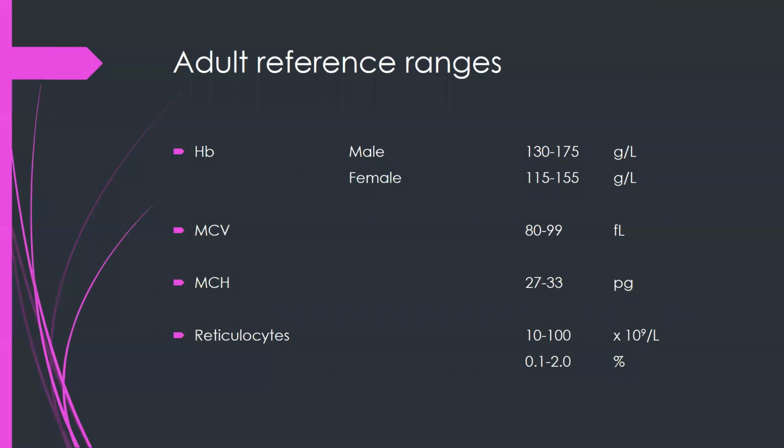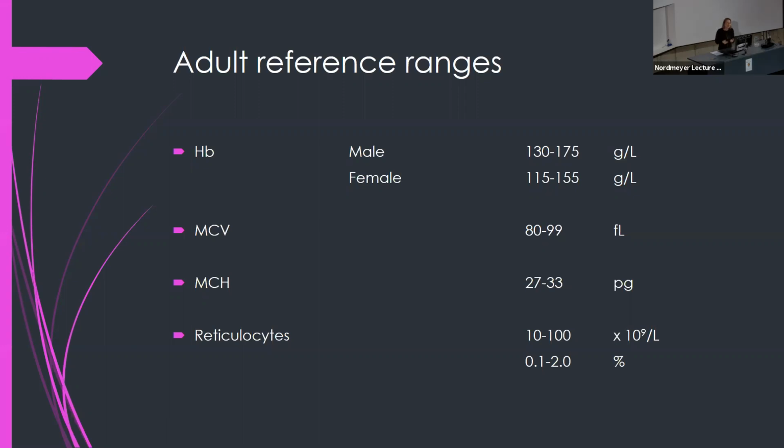Reticulocytes, everyone remember what reticulocytes are? Early red cells, they've lost the nucleus, but they've still got a lot of RNA in the cytoplasm. And if we stain them with a supravital stain, we can see that RNA. So it's like a network of RNA, so it's called reticulocytes.